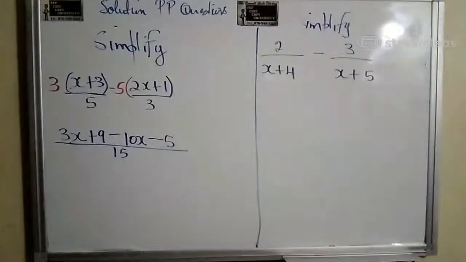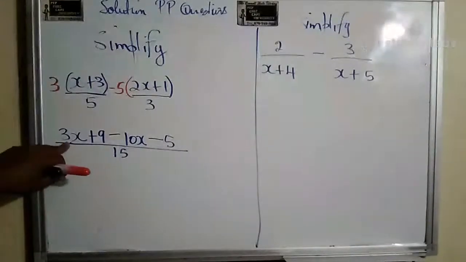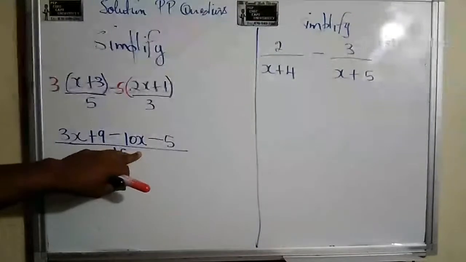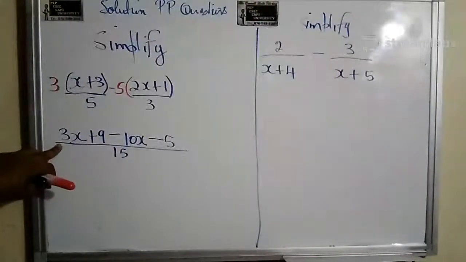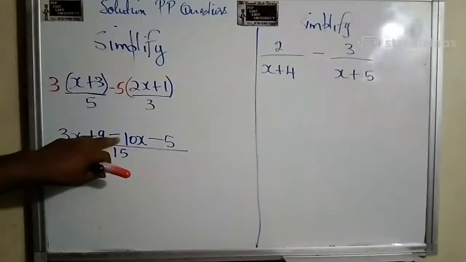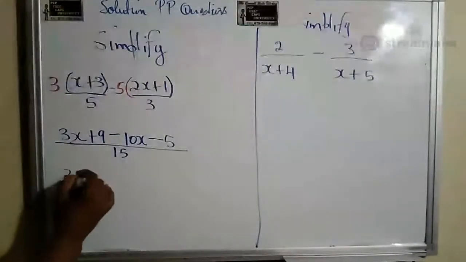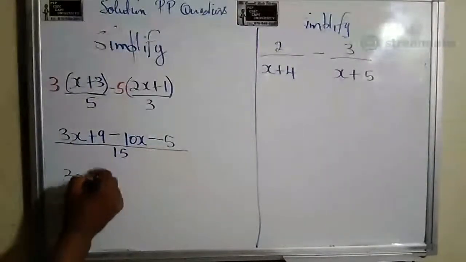Now we are not finished. We must do what? Correct, very good. We must group the like terms. So we must put the x's together. Students, one of the things you must do is bring the sign that is in front of the term. Like how this is negative 10x, so it would be 3x minus 10x. This is a common error. Students just put plus 10.